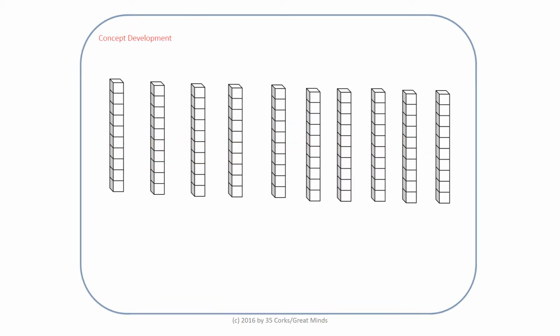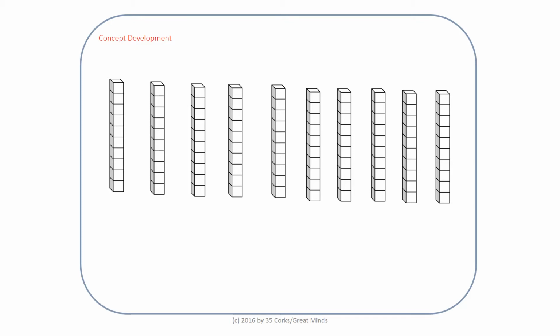So let's use our efficient counting skills to count different combinations of linking cubes. So when I put out these linking cubes, your job is to count them as quickly as you can and write down the number of cubes I have. I put most of the cubes into 10 sticks, which should make it faster for you. So here I have my cubes.